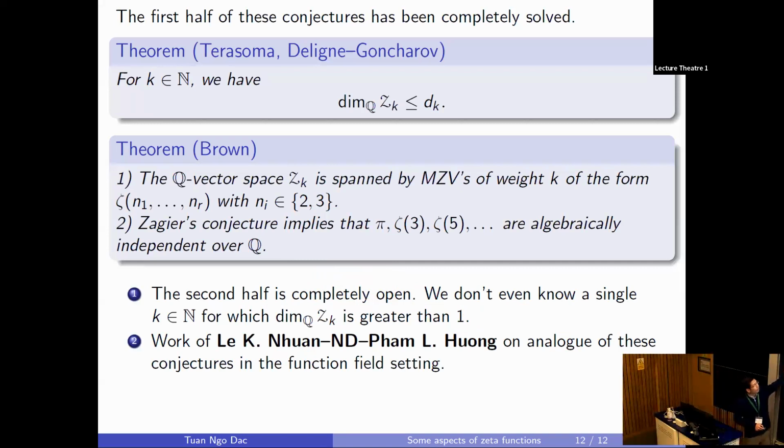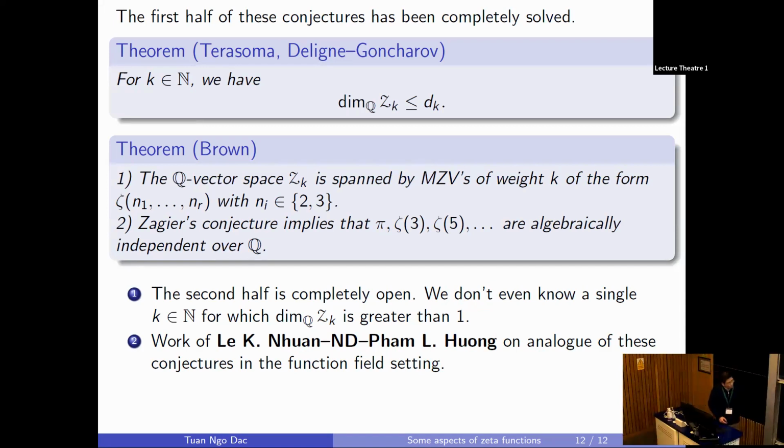We still have something to go from here to here, because you need to prove the lower bound in certain cases. I just mention some of my work with two Vietnamese colleagues, Yuan and Hương. We prove an analog of this conjecture in the function field setting.